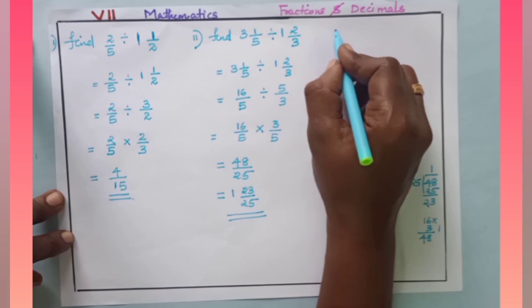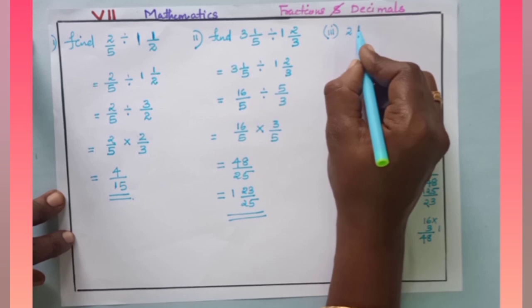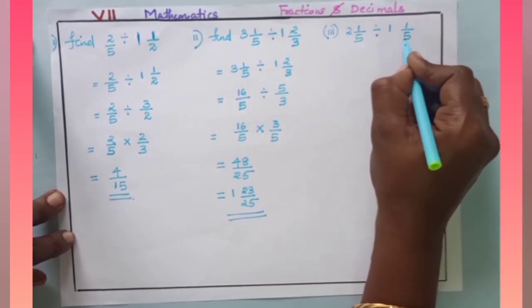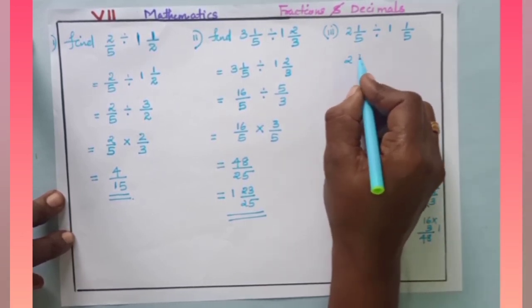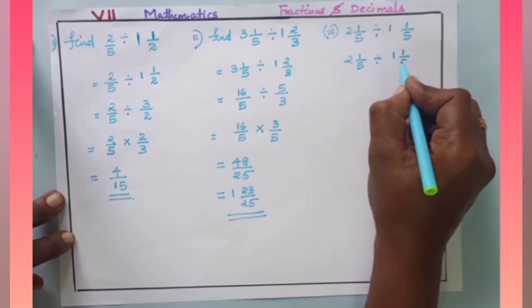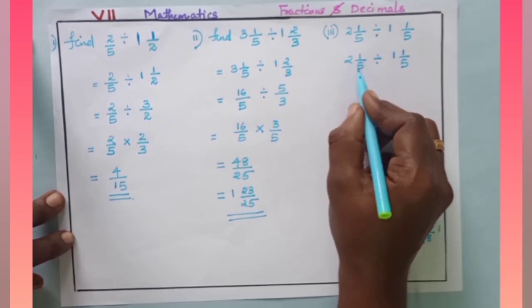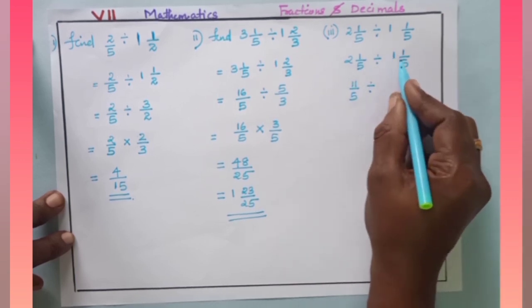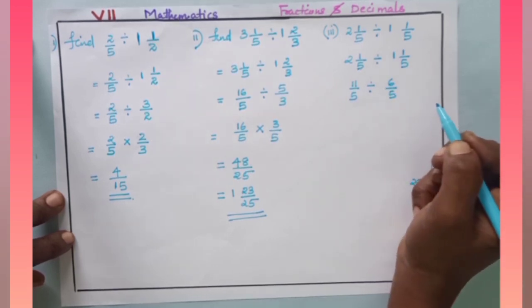One more question, listen. Third question. 2 and 1 by 5 divided by 1 and 1 by 5. So 2 and 1 by 5, a mixed fraction, divided by another mixed fraction, 1 and 1 by 5. Change into improper fractions. 2 into 5, 10, plus 1, 11, by 5, divided by 1 into 5, 5, plus 1, 6, by the same denominator 5.